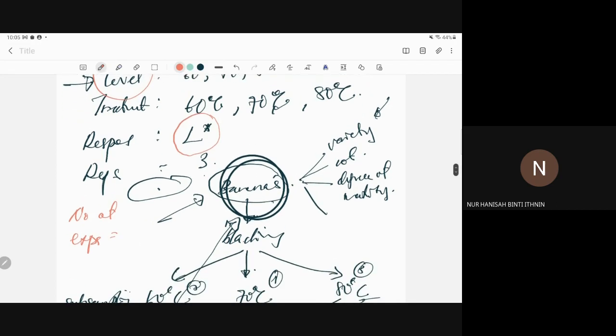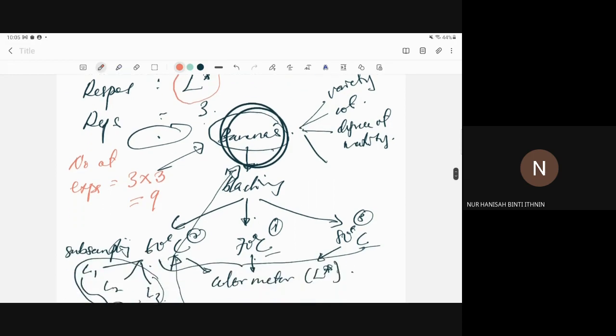We have 3 treatments, and we are going to do 3 reps, so the number of experiments is 9, meaning that the number of samples that you have to prepare is 9. So what are the treatments? What are the samples?